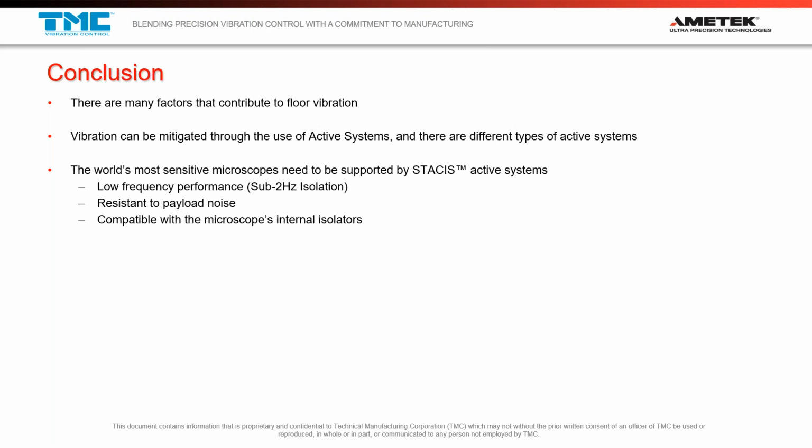The most important thing is the world's most sensitive microscopes, like the TEMs and the SEMs and the FIBs out there, require that 2 hertz isolation that can only be supported by Stasis, which is our brand name, of the piezoelectric serial type active systems, which are resistant to payload noise and compatible with the internal isolators of the microscope. That's the end of my presentation.